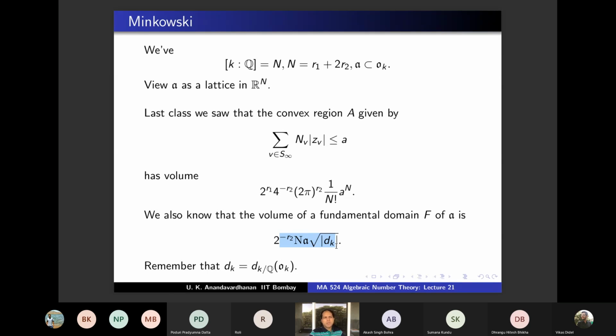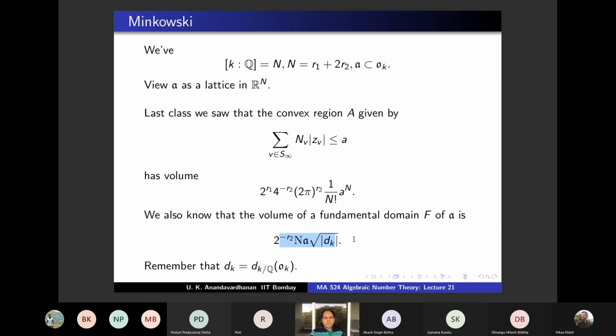So Minkowski's result is that if you have a region which is closed, convex, and symmetric, and if its volume is sufficiently large, in fact bigger than 2 power n times the volume of a fundamental domain, then it contains at least one non-zero lattice point. We are going to use that now.